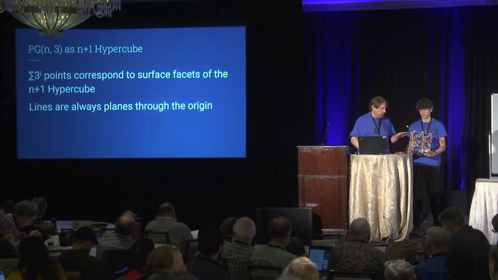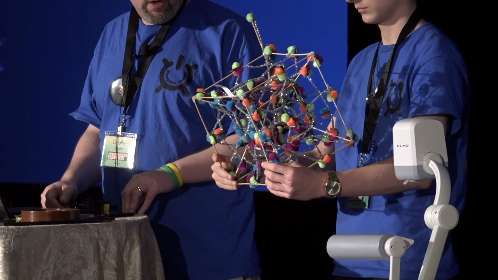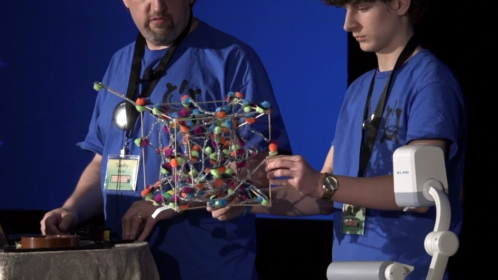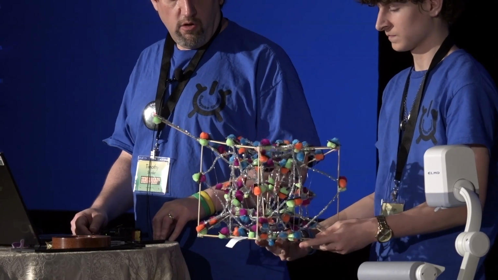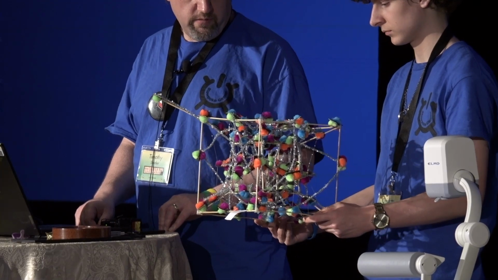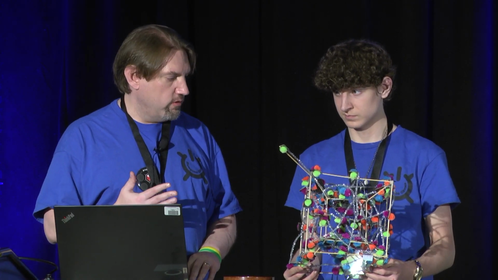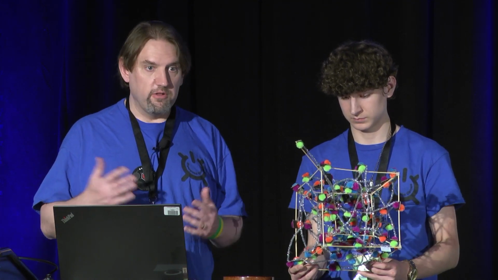This is a model of the PG(3,3) as a hypercube, and Christian spent about a week highlighting all of the points and labeling them with different colored little pom-poms, and all of the spread of lines are done up in these silver pipe cleaners. And this extends to higher dimensions as well. And the lines are always planes through the origin, so you can find them fairly easily.